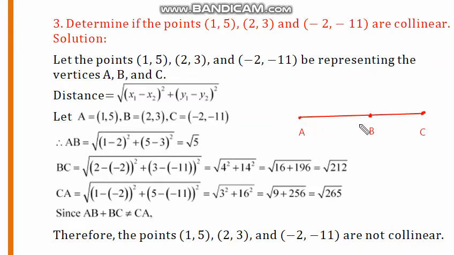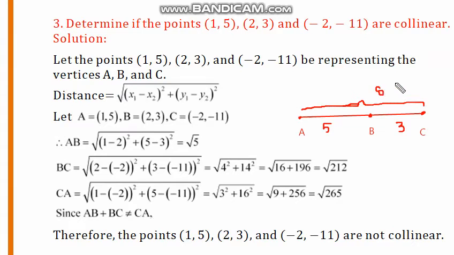First we need to find the distance between the points A and B, and next the distance between the points B and C. For example, the distance between A and B is 5 units, and the distance between B and C is, suppose, 3 units. So AB is 5 units and BC is 3 units. Then what about AC, the total length? The total distance is 8 units.